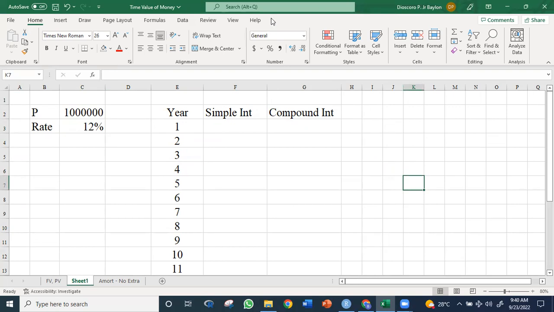Kindly chat yes if you have done so, so that we do this together. This one we called P, and this one we called rate. If you have questions, please feel free to ask for me to repeat. Maybe I'm going too fast.